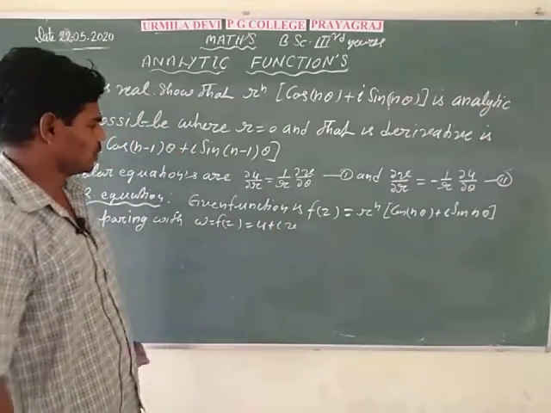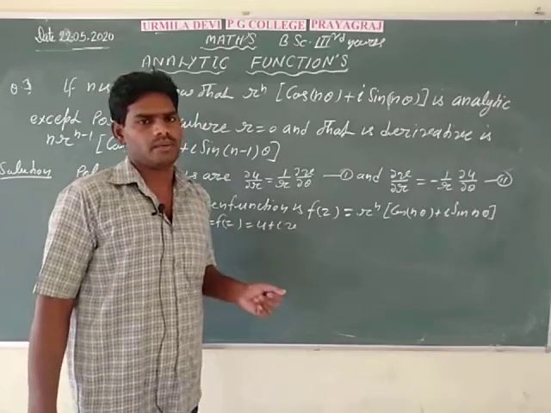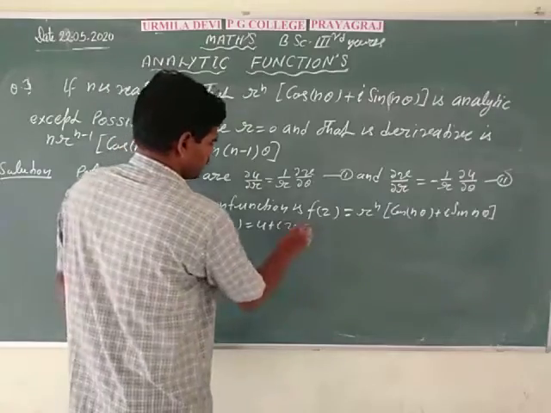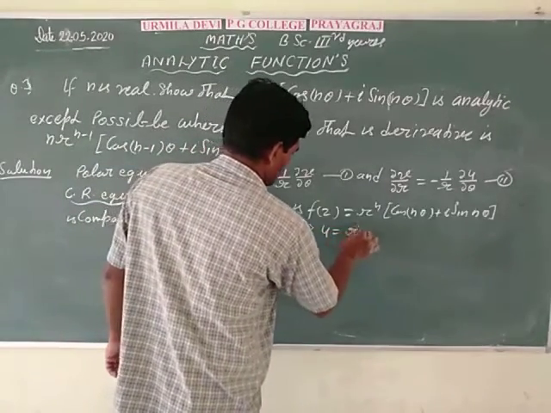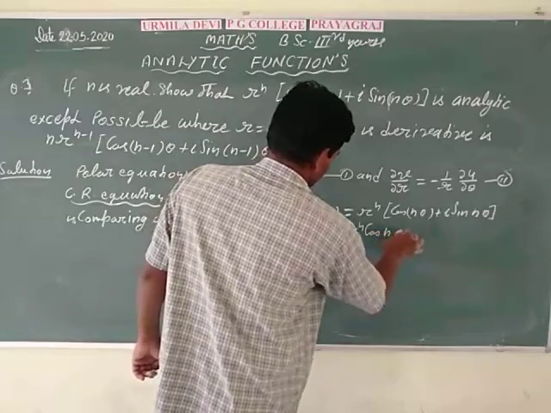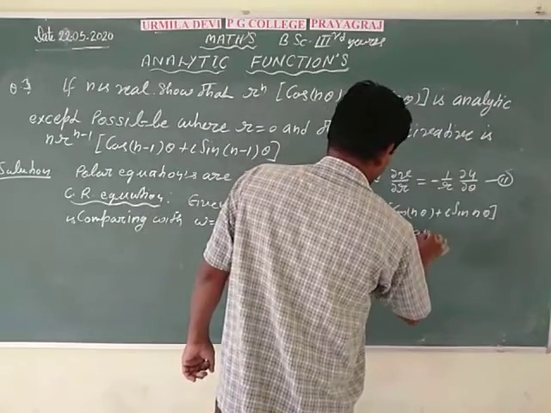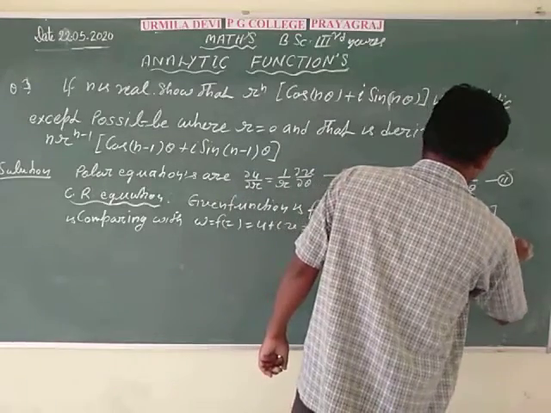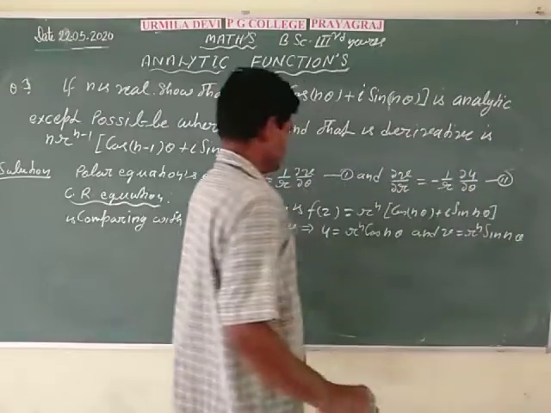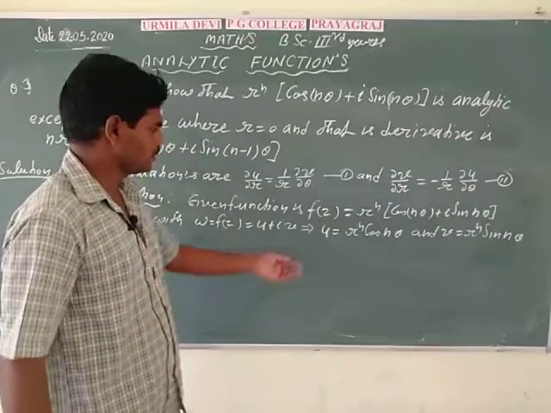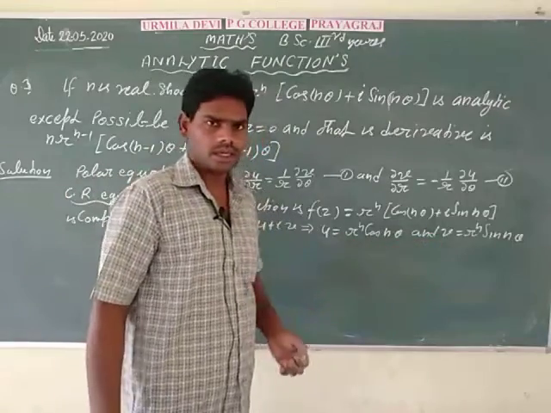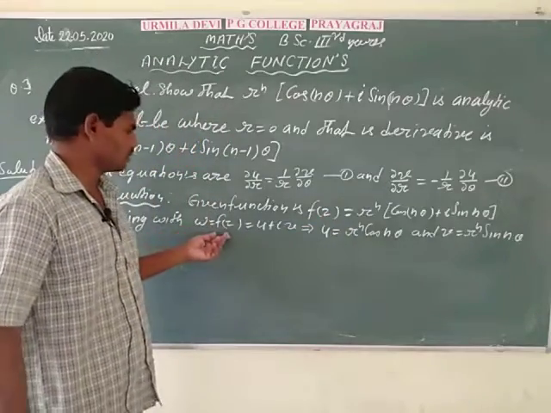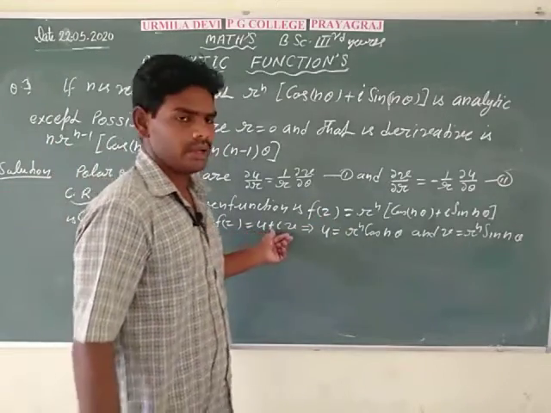Here the functions u and v are in variables small r and theta. Therefore, u is equal to r to power n cos n theta and v is equal to r to power n sin n theta. So the functions u and v are clear after comparing the given function with w is equal to f(z) is equal to u plus iv.